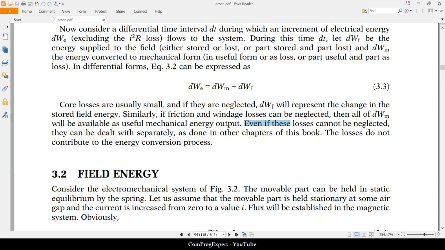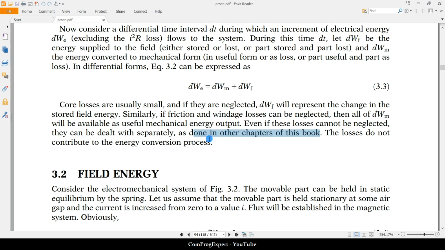Even if these losses cannot be neglected, they can be dealt with separately, as we will see in the next chapters when we derive the equivalent circuits for induction machines, DC machines, synchronous machines, and so on.